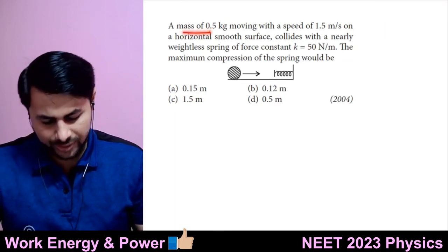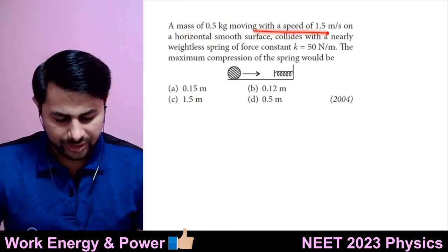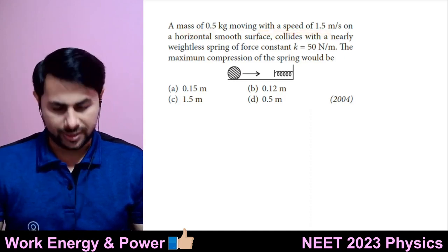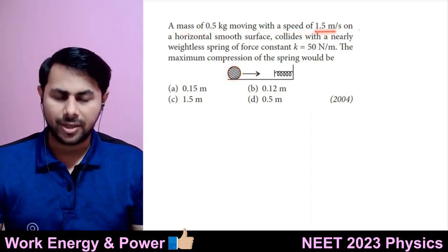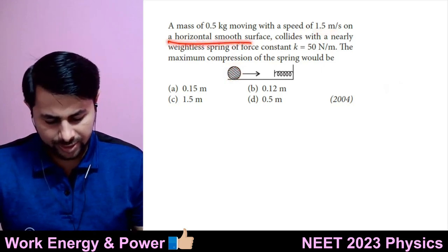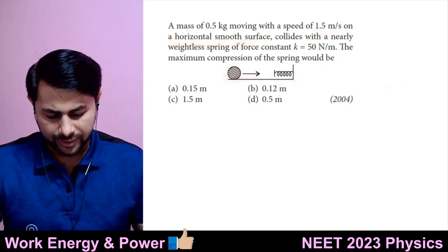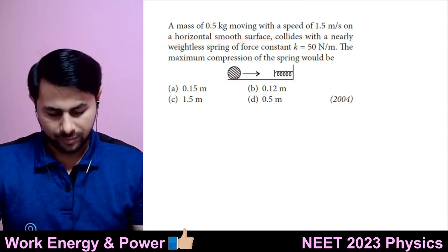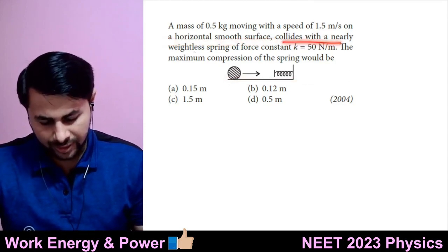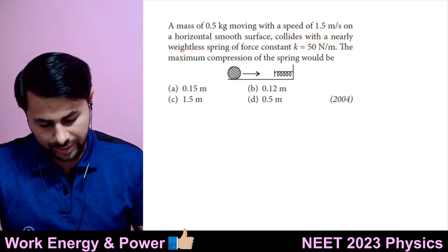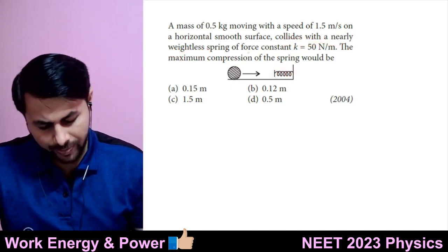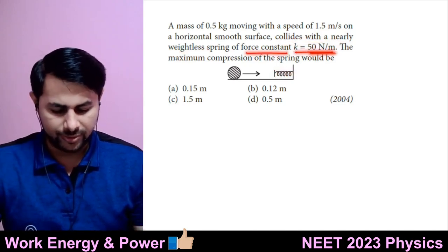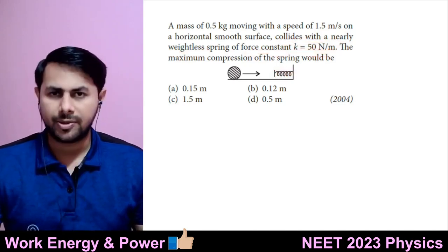A mass of 0.5 kg moving with a speed of 1.5 meters per second on a horizontal smooth surface, so its speed will not change, collides with a nearly weightless spring of force constant k equals 50 newtons per meter.